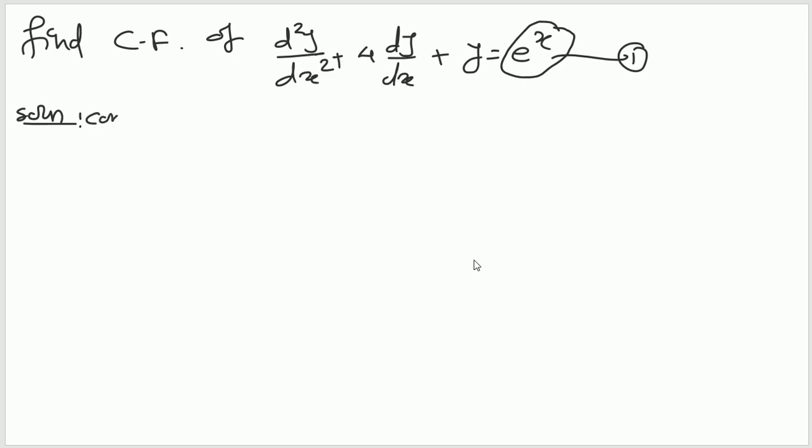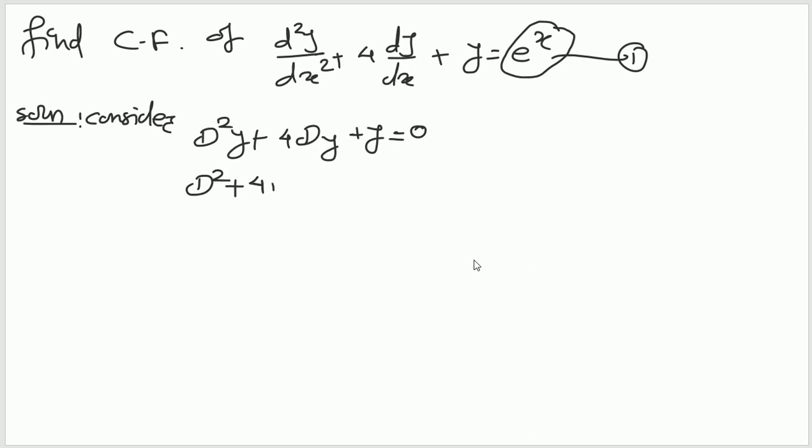So consider the differential equation and we will replace d by dx by new notation capital D. So this will become D square y plus 4D y plus y is equal to 0. This we can write as D square plus 4D plus 1 operating on y equals to 0. Okay, so we want to solve this differential equation.